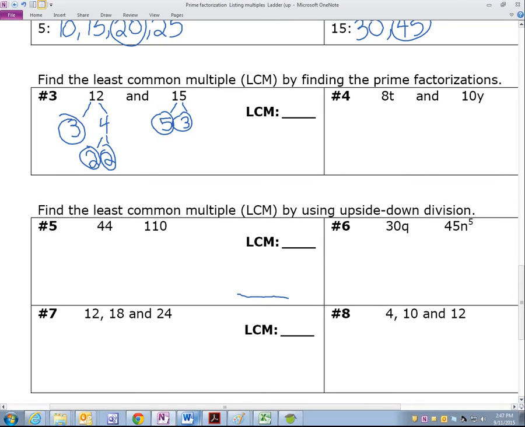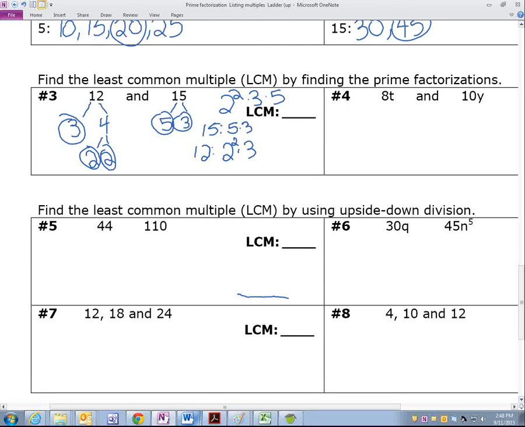All right, so I got 15. The factors are 5 and 3. For 12, the factors are, I'm going to do it in exponential form, 2 squared and 3. So I'm going to multiply 2 squared, because that's the highest exponent, 3, because I only need one of them, and 5.